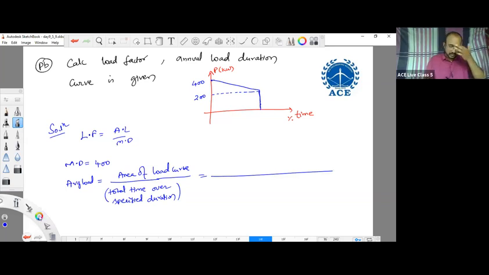So what is the area under the load curve? How do we calculate it? Here there are two shapes: one is a rectangle and the other is a triangle.